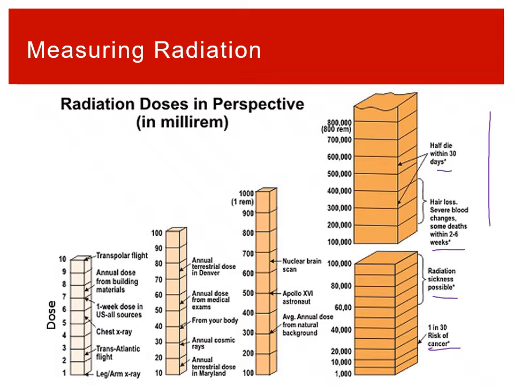So the average person gets 300 millirem a year. That's just natural background: the sun, the ground, the food you eat. There is some amount of natural radiation that comes from that. If you get an X-ray, say 1 millirem.